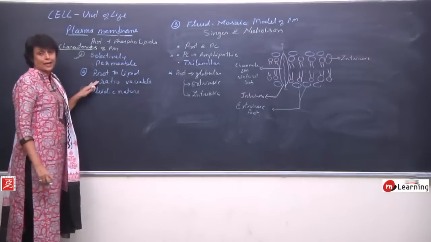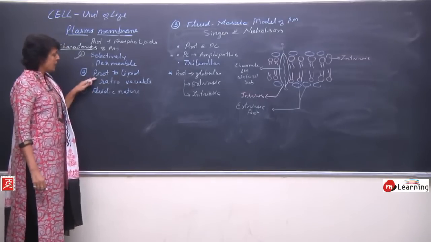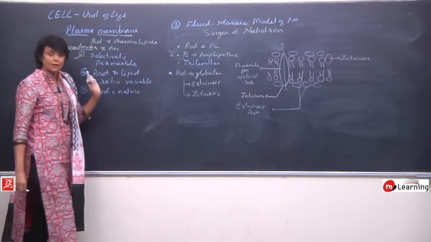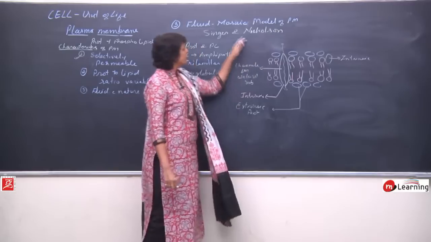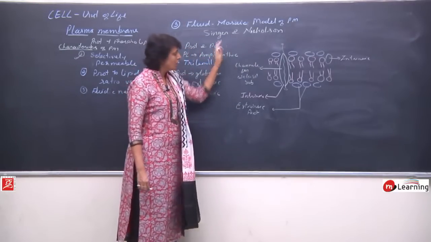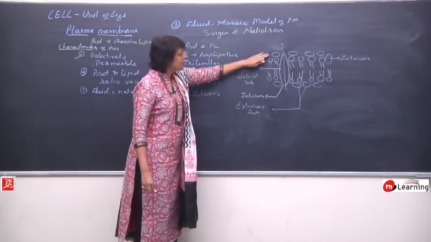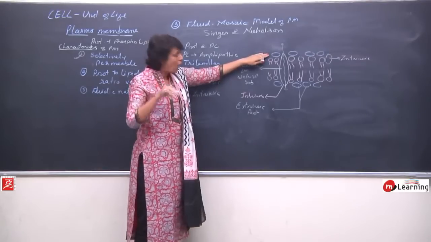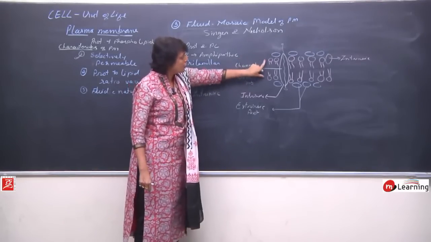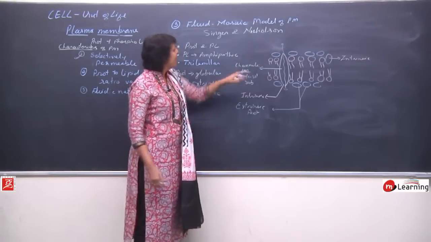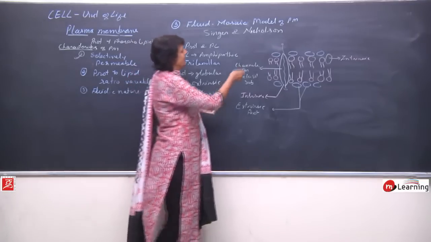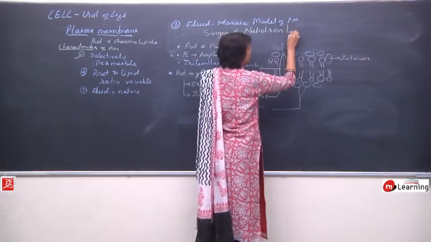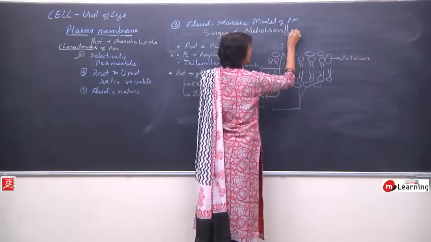Let us come to the second one. The second one says protein lipid ratio is variable. What Singer and Nicholson told us is that the protein molecules float on the phospholipid bilayer, and that is why to this model they gave one more term.